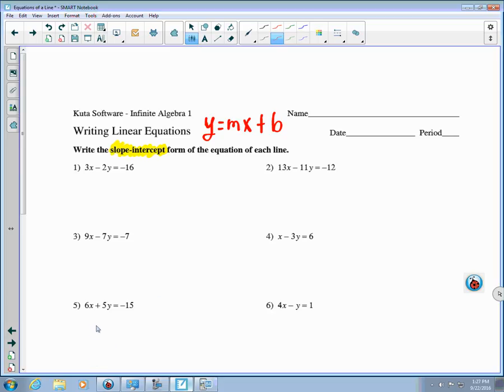On that one, because you guys are really good at this, we're only going to go ahead and solve for y, right? So in order to solve for y, I got to say minus 3x. And then I get that negative 2y equals negative 3x minus 16. And then I have to divide by, it's not 2, thank you, it's negative 2.